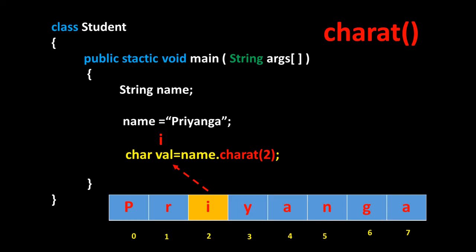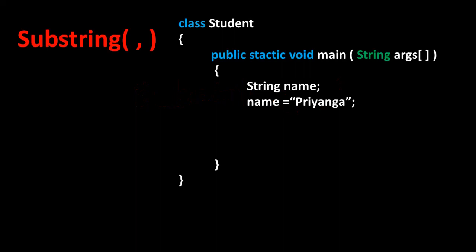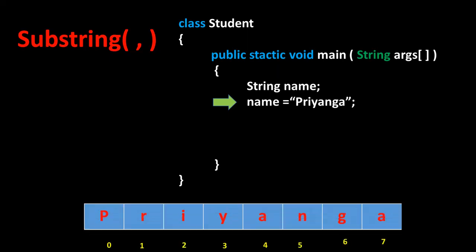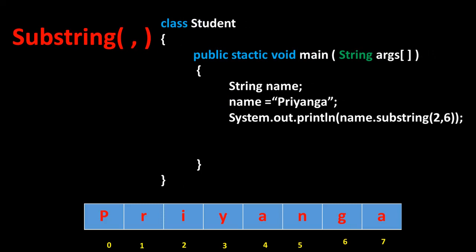Right. And then you have substring. So what do you mean by substring? Here you can see my program, and here you have the variable declaration. Once I create the variable and initialize the value, my array automatically comes into the main memory. And then I use something called substring.